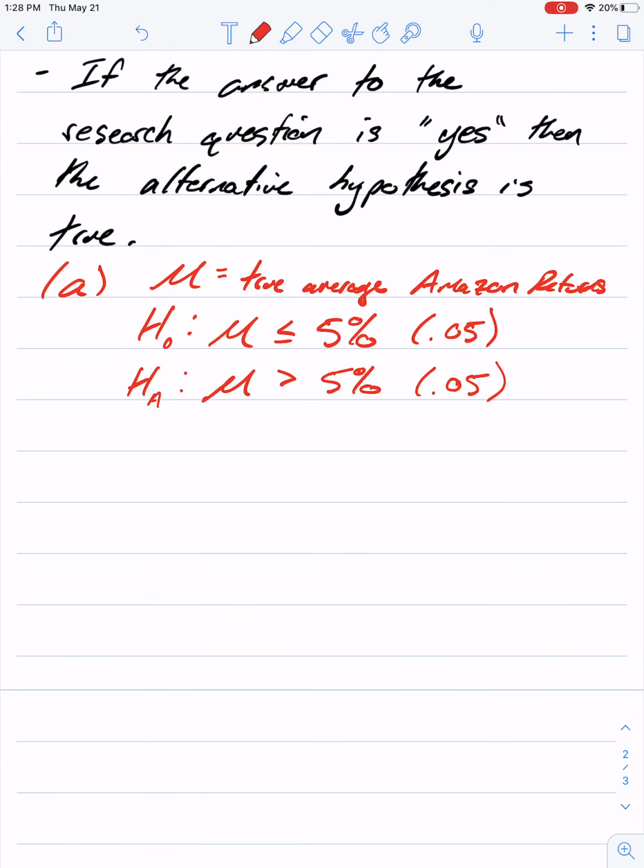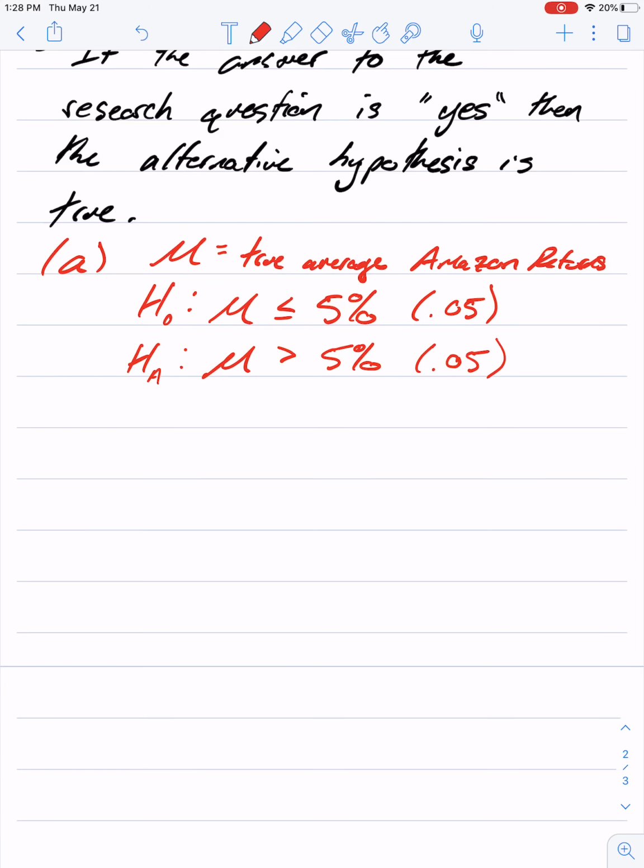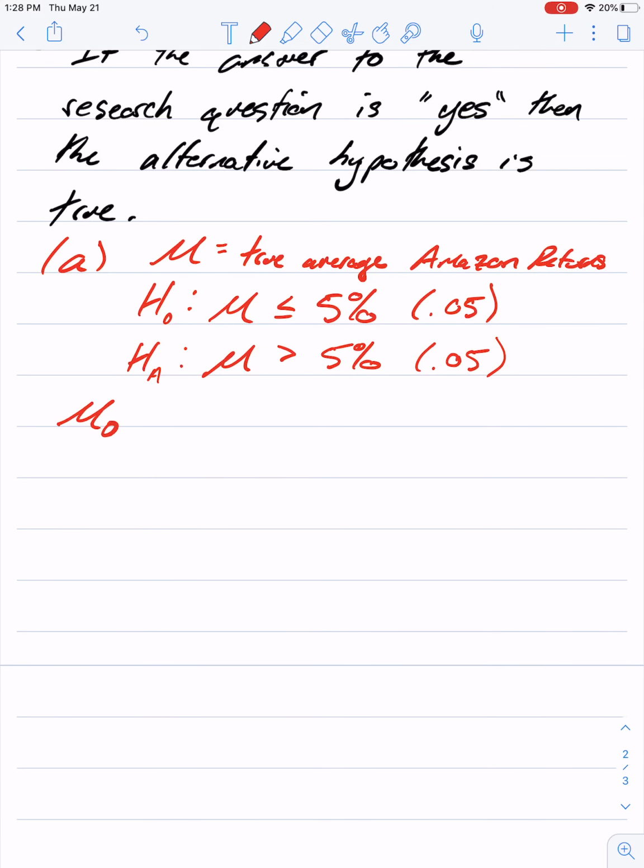Another thing I'm going to point out here is we often refer to, and we'll use a lot, mu naught. What mu naught designates is what I like to call the cutoff point between H0 and HA.